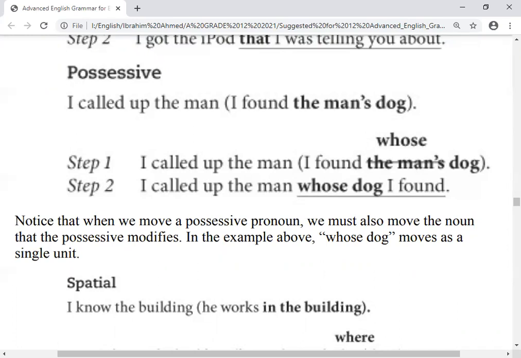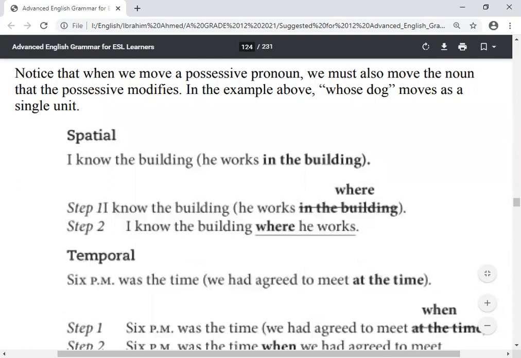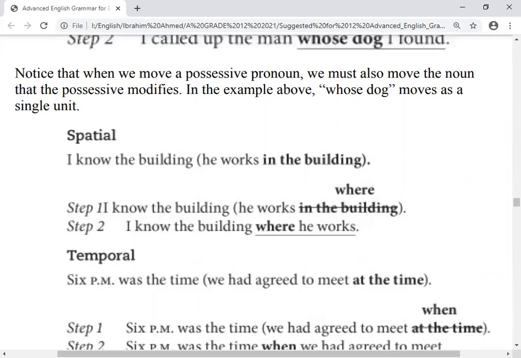Notice that when we move a possessive pronoun, we must also move the noun that the possessive modifies. In the example above, whose dog moves as a single unit. Spatial: when we say spatial, we remember place or space, and we remember the word where, as you know. I know the building. He works in the building. So the word building is repeated, and here we have a preposition.